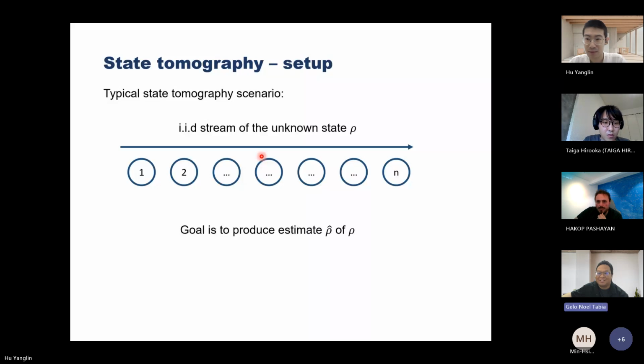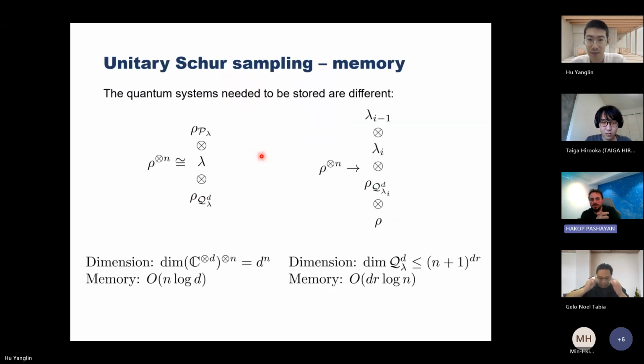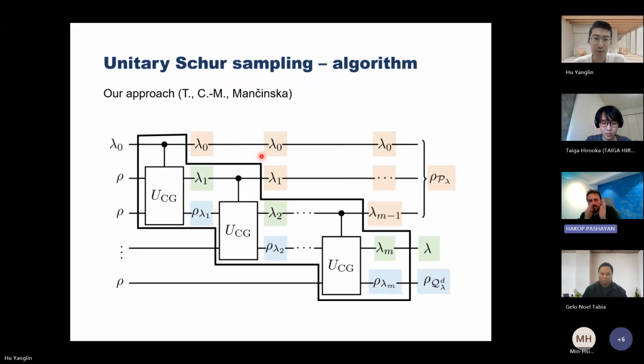I'm not seeing anyone. Can I just ask a clarifying question, a kind of basic one? Maybe just focusing on the first half of the talk where you're doing the strong Schur sampling on the unitary component, you measure your lambda, you project onto a particular lambda, and then you want to project onto the unitary component of the tensor product.